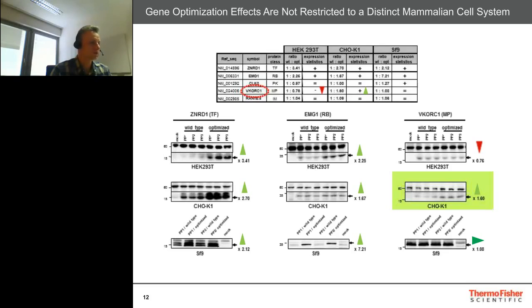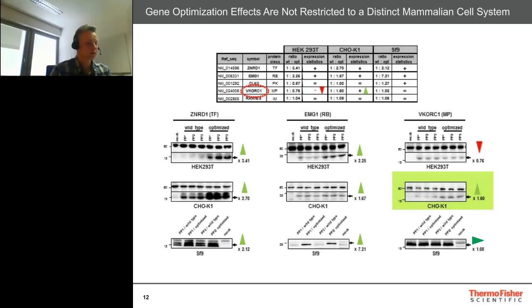But when we expressed it in CHO cells, we could increase the expression a little bit with the optimized version. And also with insect cells, SF9 in that case, we saw a nice increase in expression with optimized genes.